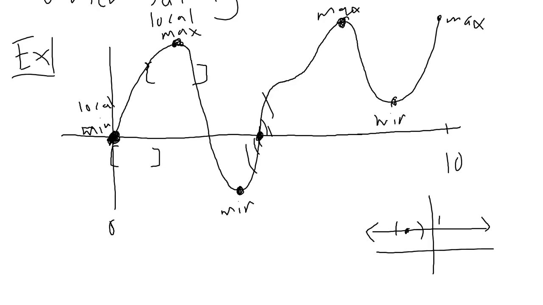The reason it worked for the endpoints is that there are no x's to the left of it that are even defined for f, so that counts as a local min because all the points in the domain that are near it satisfy the condition. So the gist of it is that local mins on the graph clearly look like a little low point, and local maxes look like a high point.